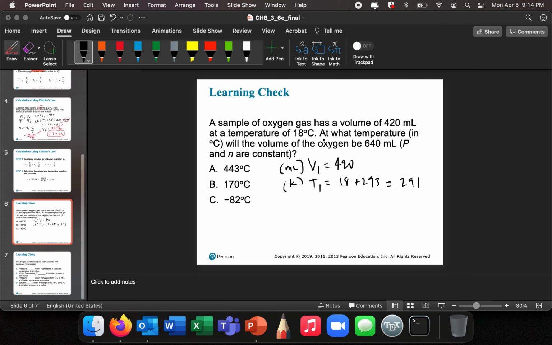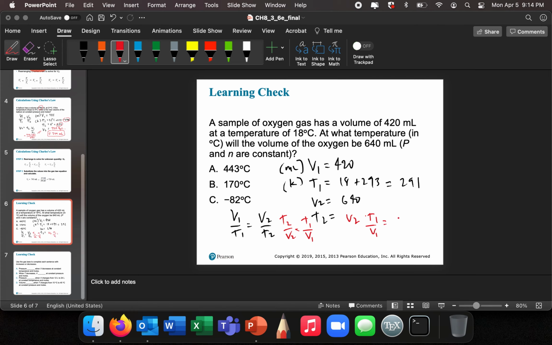In kelvins. At what temperature would the volume of the oxygen be 640? V2, 640. T2, right? And I know that V1 over T1 is equal to V2 over T2. And so I'm going to flip both of these and say T2 over V2 is equal to T1 over V1. And so T2 is going to be V2 times T1 over V1.